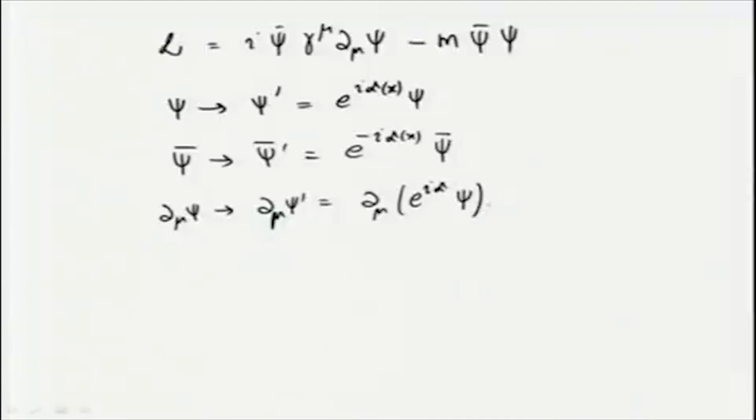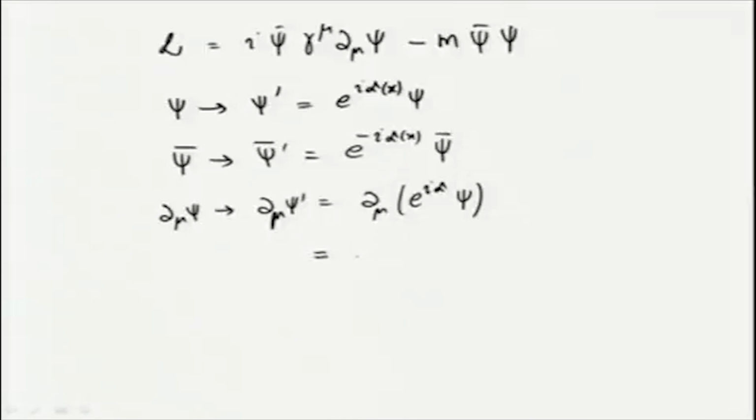I will not write the x dependence explicitly, it is understood. But now, since alpha is not a constant but a function of the space-time coordinates, the derivative will act on the exponential factor.